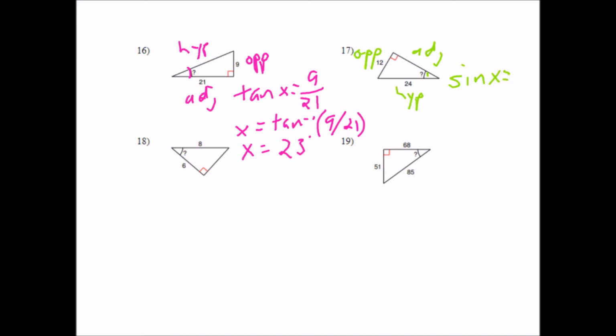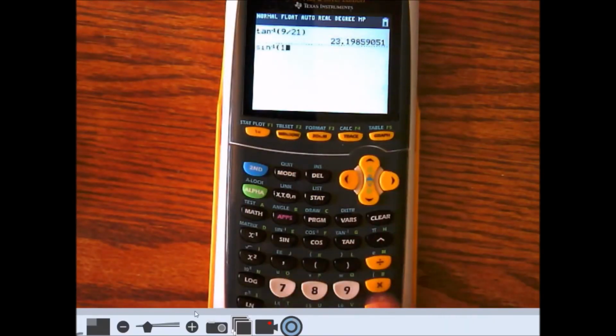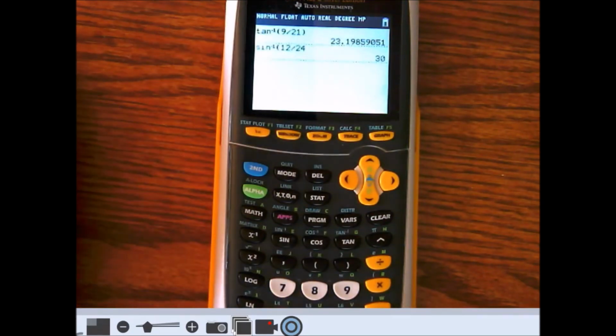Opposite, 12 over 24. So x would be the inverse sine of 12 over 24. Calculator. 30 degrees.